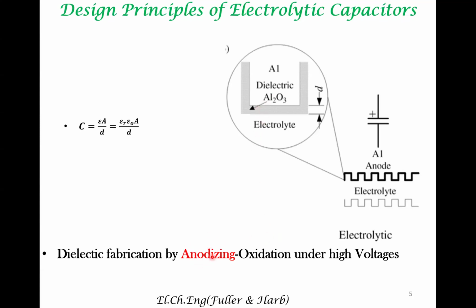So this is a specialized metal finishing or electrodeposition process for converting metal to an oxide, that is done at very high voltages. The voltages can be, let's say, even 100 volts and so on. That is the way you end up making this particular structure of a metal and a metal oxide on its surface.